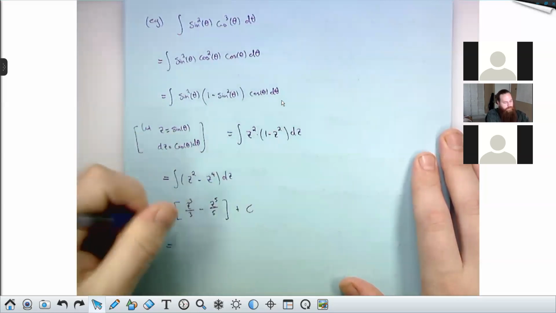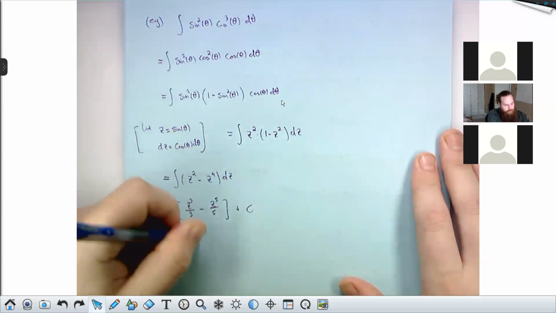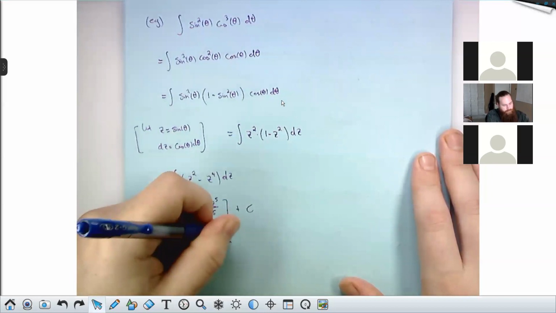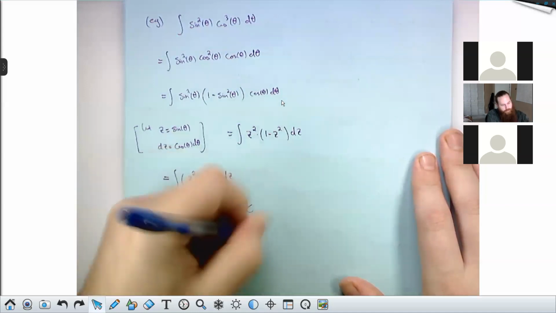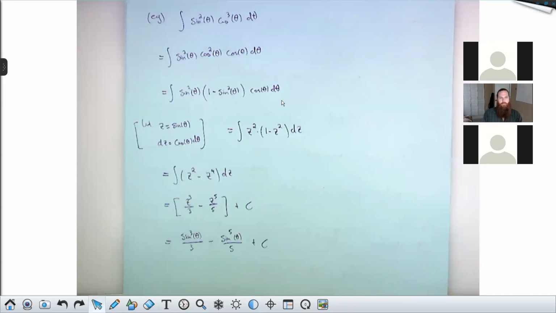And then again, because it's an indefinite integral, we go back to the original variable. So that's sine cubed theta over 3 minus sine to the 5th of theta over 5 plus a constant. Not at all bad, right?